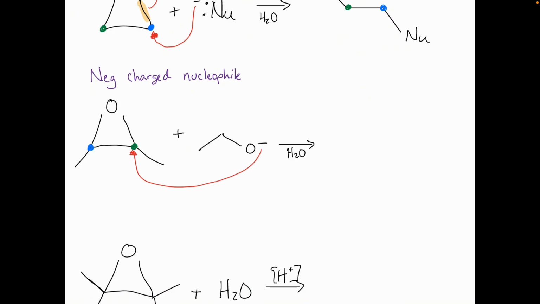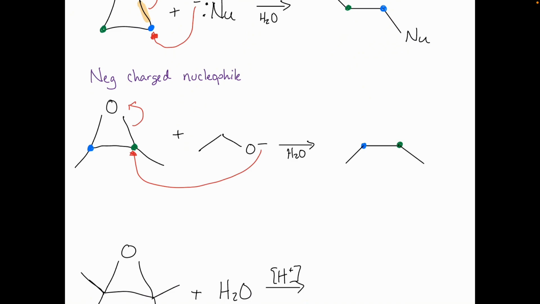And when it does, that causes that ring to open. All right, so I'm going to draw my two carbons from my ring. I'm going to keep my coloring here just so we can see what's what. This carbon's green, this carbon's blue. All right, I got to include these methyl groups on there because those were in my original molecule, right? Got to have the same number of carbons.